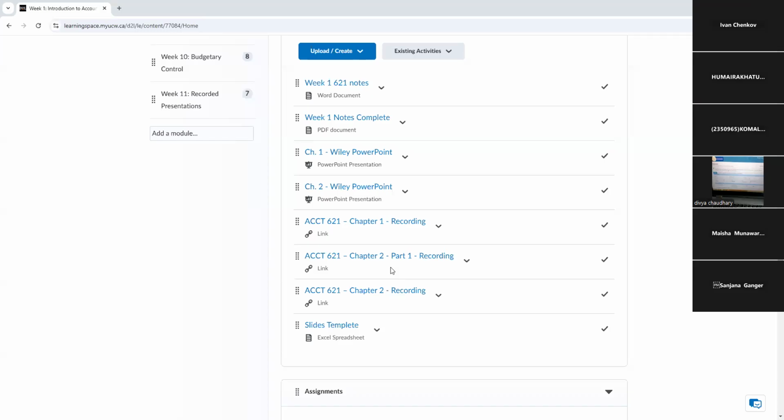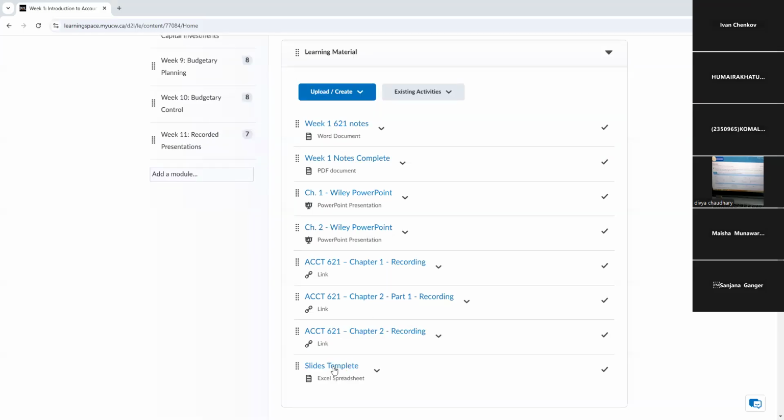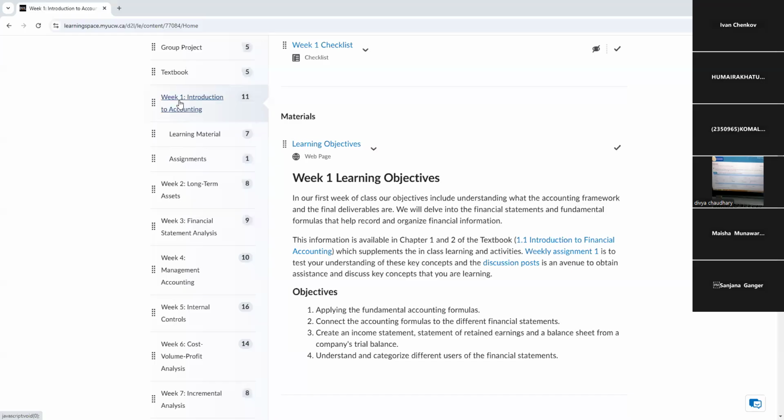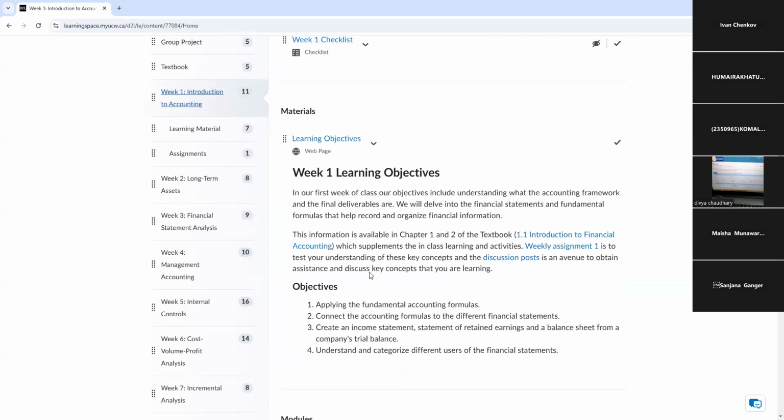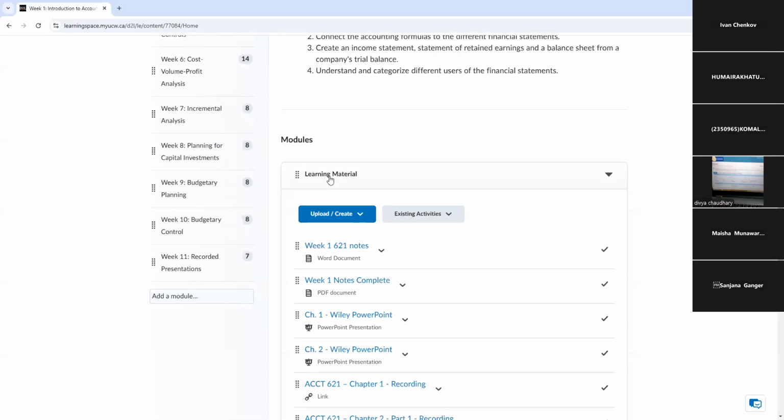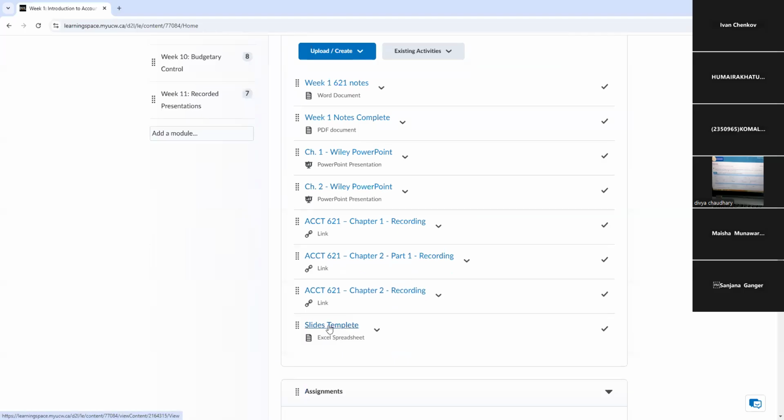Again, before you do that, what I want from you is to go to the Brightspace. Download this slide template, which is sitting on week 1. Once you go to week 1, scroll down to learning material. At the very bottom, there's a slides template.